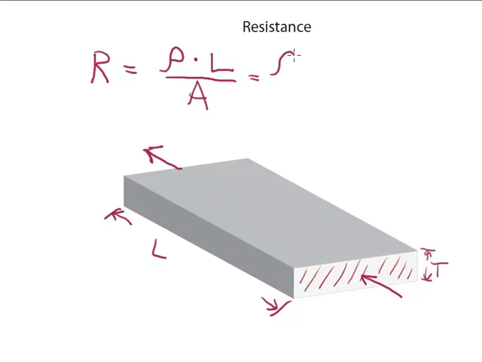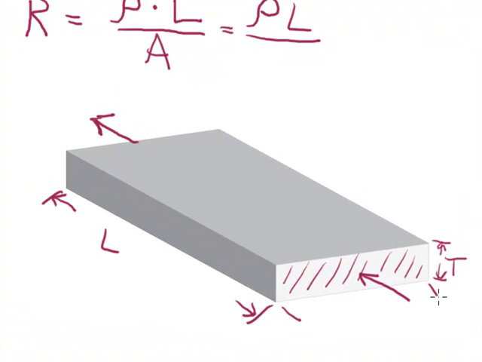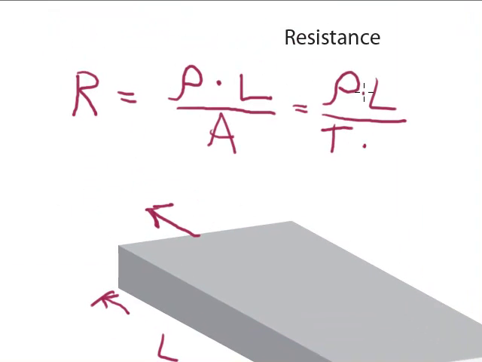So I'm going to rewrite this as bulk resistivity, and I know that area is going to be thickness times the width of this feature.